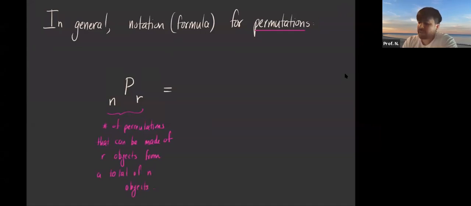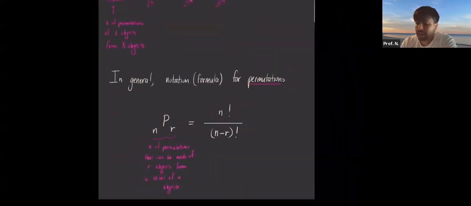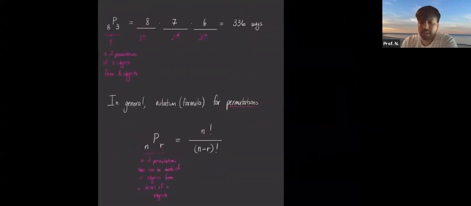And then, of course, now we're going to be talking about formulas. So the formula for permutations is n factorial over n minus r factorial. And you can go back to the example we just did and see how that works.